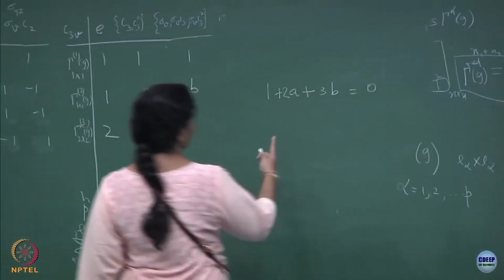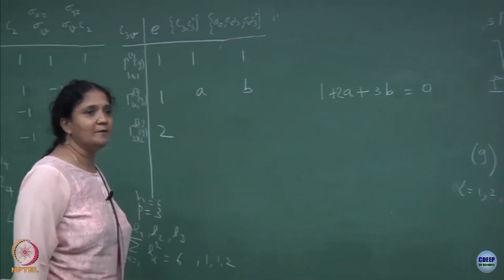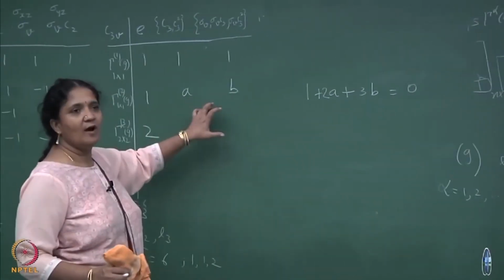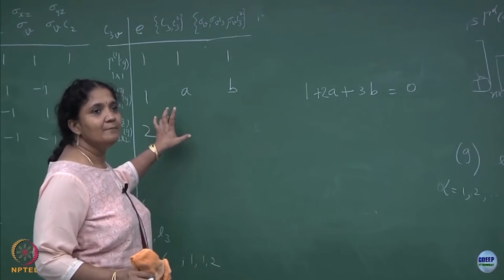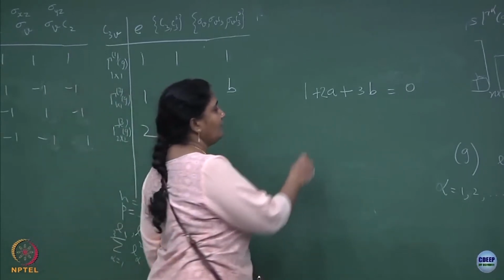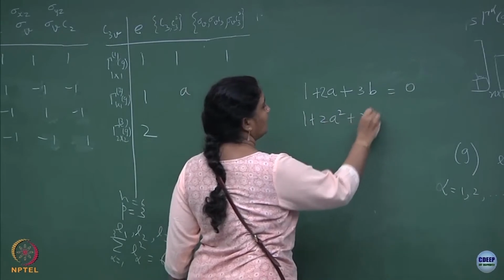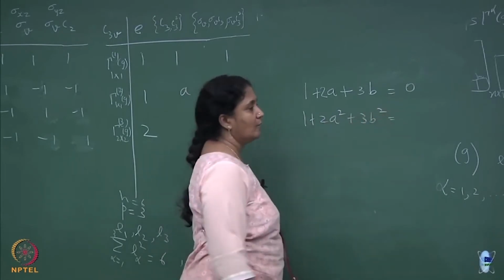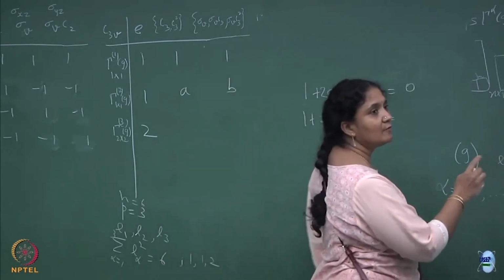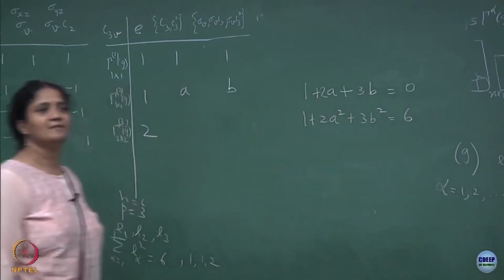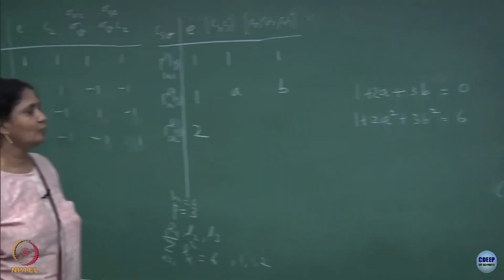There is also one more requirement. What is the other requirement? You could just take this particular row alpha and beta to be the same, then it has to be 6. So you have two conditions and then figure out what is the best.